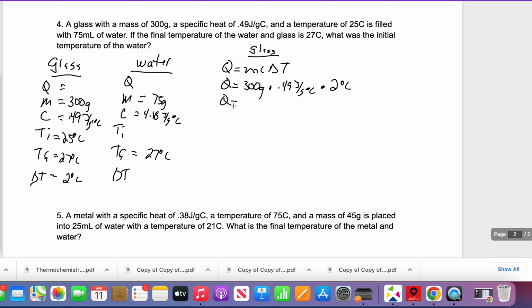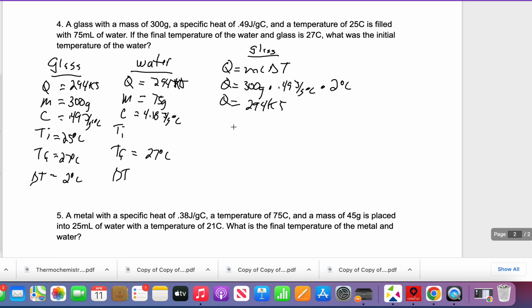The glass goes up by 2, so if I take 300 times 0.49 times 2, I get that the glass gained 294 joules. That means the water lost 294 joules.